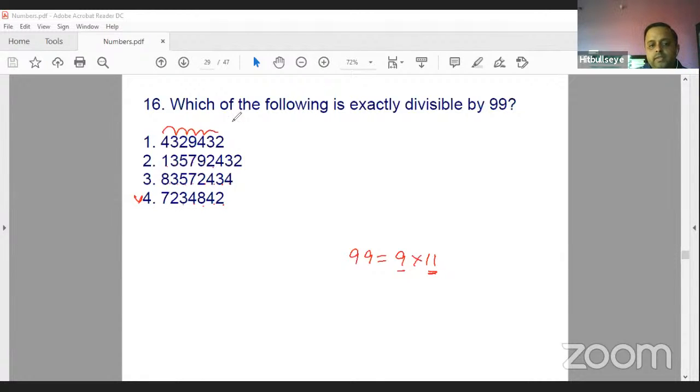Okay, now the first three numbers are divisible by 9. Now we need to find which among these is also divisible by 11. For that, we need to find the difference of the sum of the digits at the odd positions and the sum of the digits at the even positions.